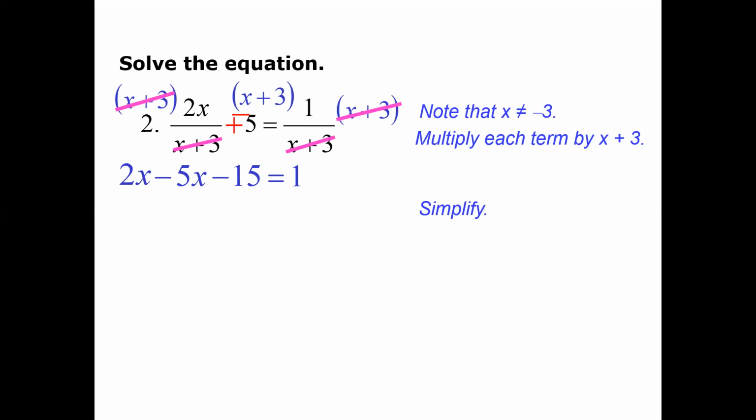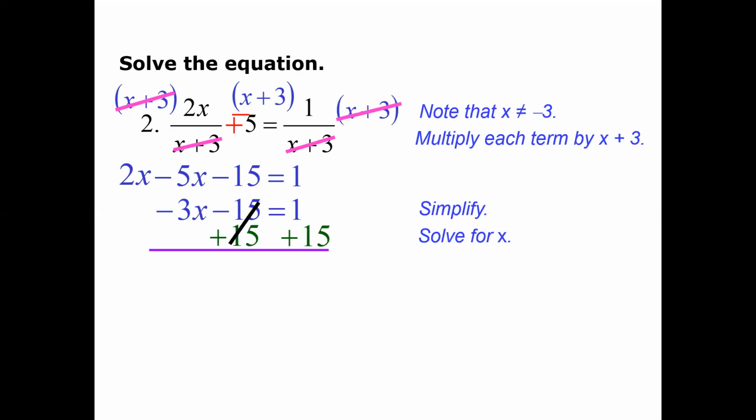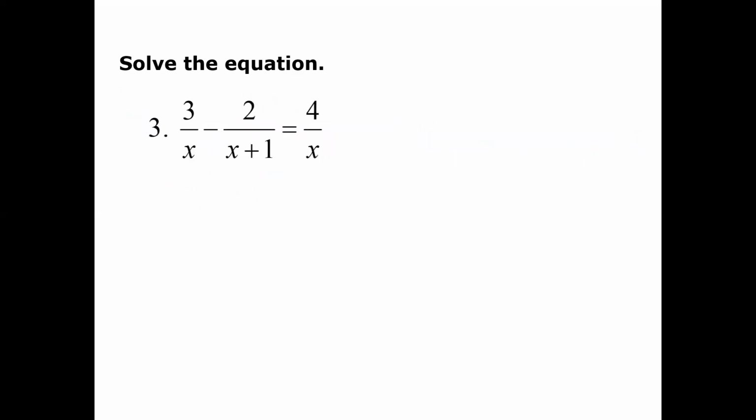Again, simplify first, making one side equal to 0. Solving for x, you have negative 3x equals 16. x equals negative 16 over 3. So the solution is negative 16 over 3.